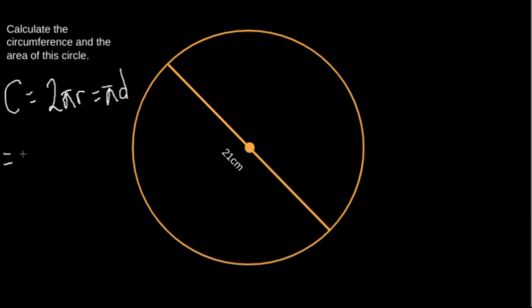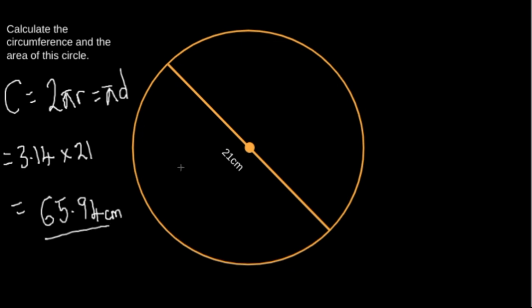We'll be using 3.14 as our pi here. 3.14 times 21, our diameter is 21 centimeter, will give us 65.94 centimeter as the circumference of this circle.